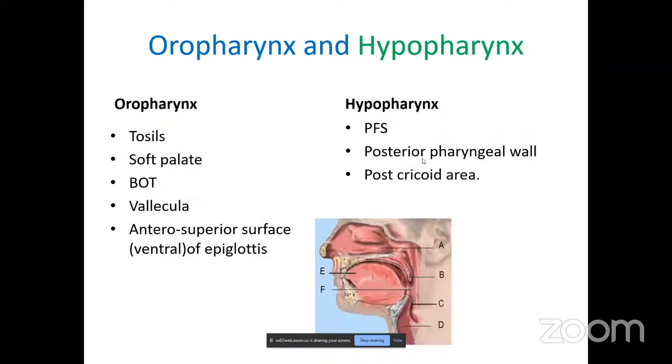As all of us know, the oropharynx consists of bilateral tonsils, soft palate, base of tongue, vallecula, and the anterosuperior or lingual surface of the epiglottis, and the hypopharynx consists of the pyriform sinus, posterior pharyngeal wall, and post-cricoid area.